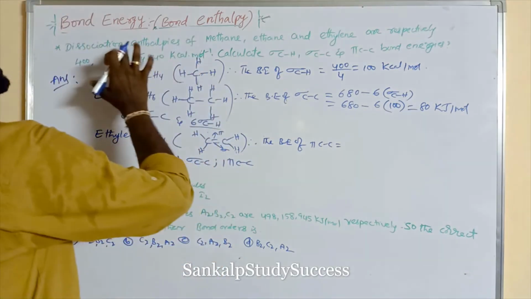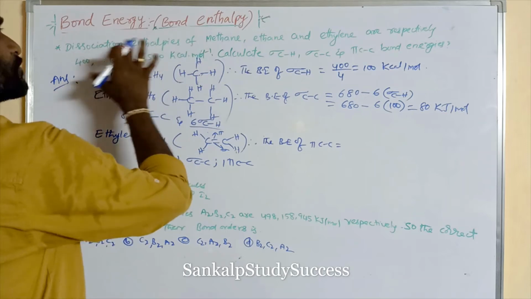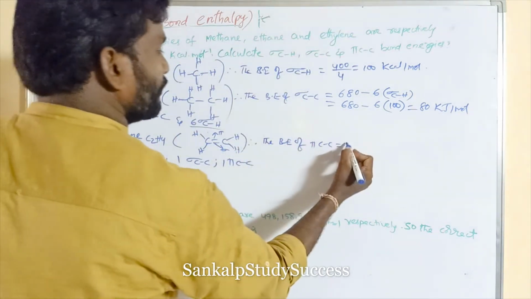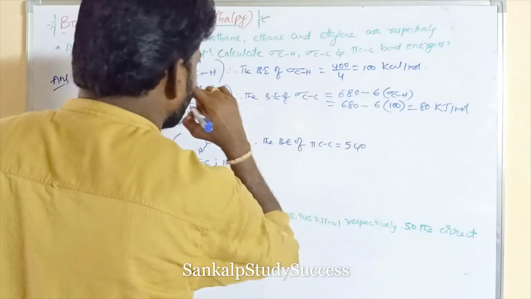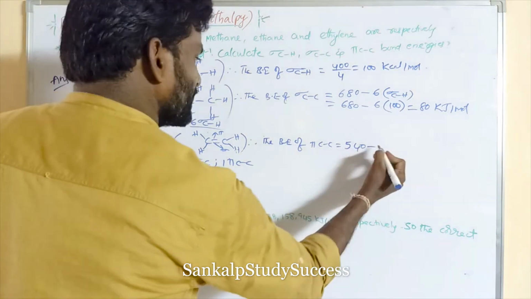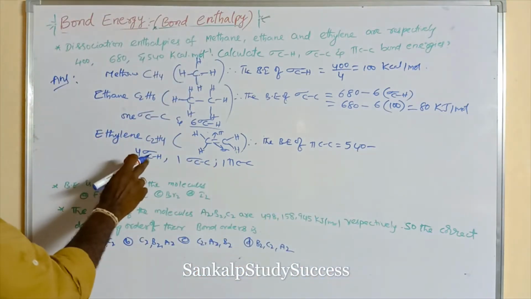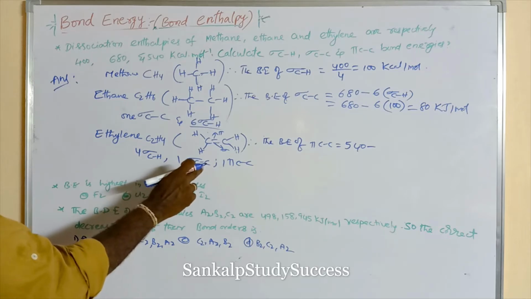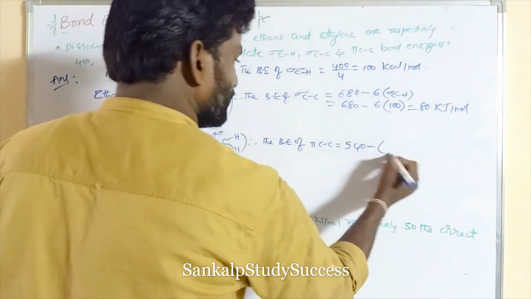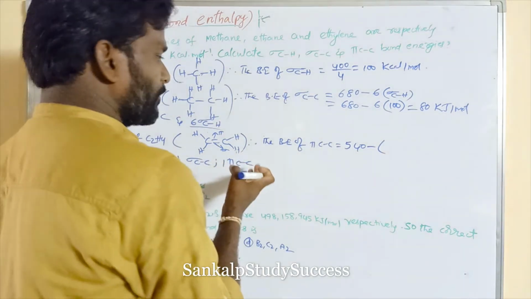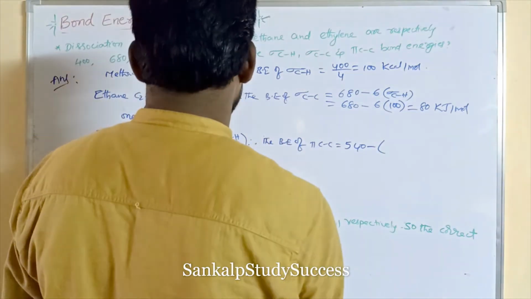The total bond energy of ethylene, or dissociation enthalpy of ethylene, is 540. From that we subtract the 4 sigma C-H bonds and 1 sigma C-C bond, and we get the pi C-C bond.